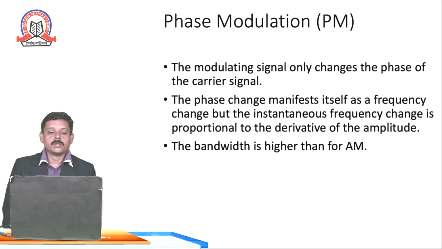So the bandwidth is higher than AM. In this complete session, we have noticed one thing, that amplitude modulation has the lowest bandwidth compared to any other type, whether it is frequency modulation or phase modulation.